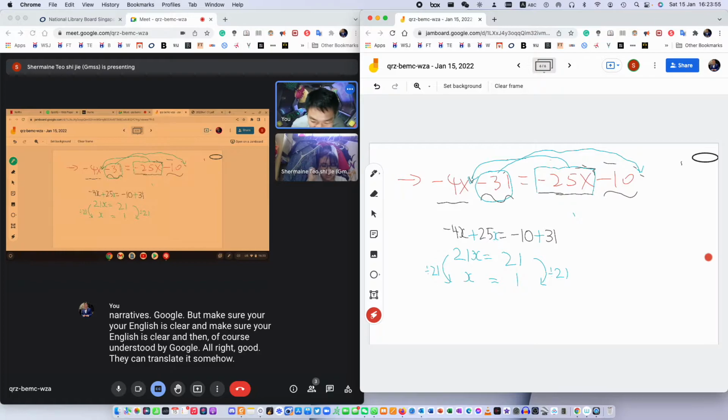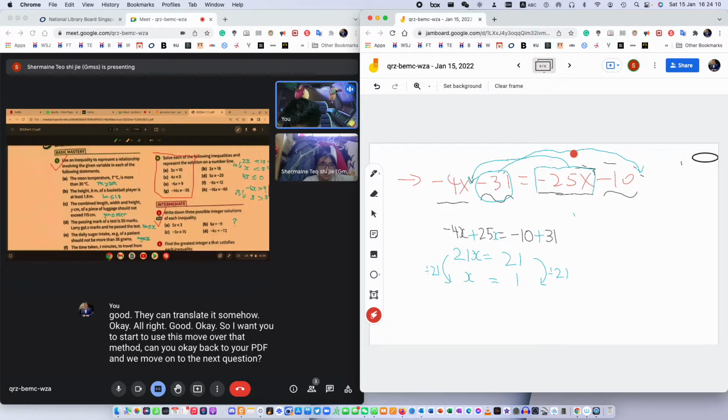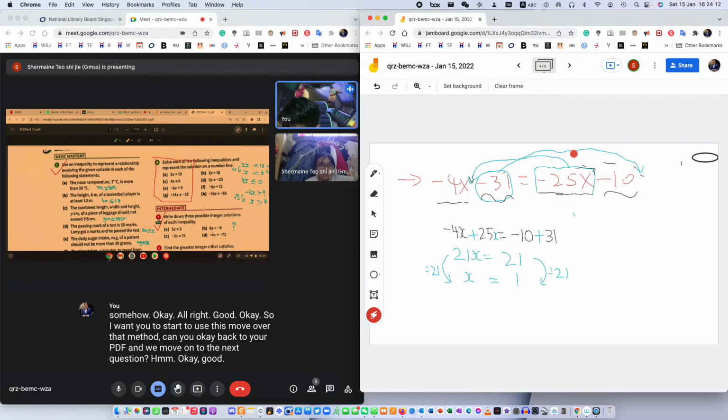Okay, so I want you to start to use this move over method. Back to your PDF and we move on to the next question. Can you zoom into 1A?